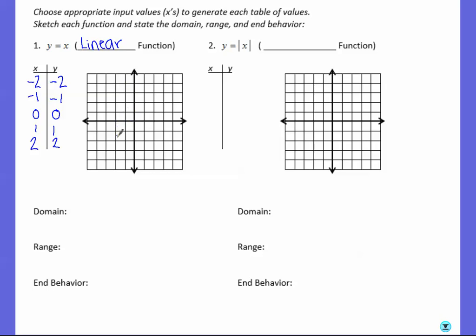So let's plot these dots. -2, -2. -1, -1. 0, 0. 1, 1. And 2, 2. And you should notice that these dots make a line. So if we kept going, we could make more dots to fill out our whole line.